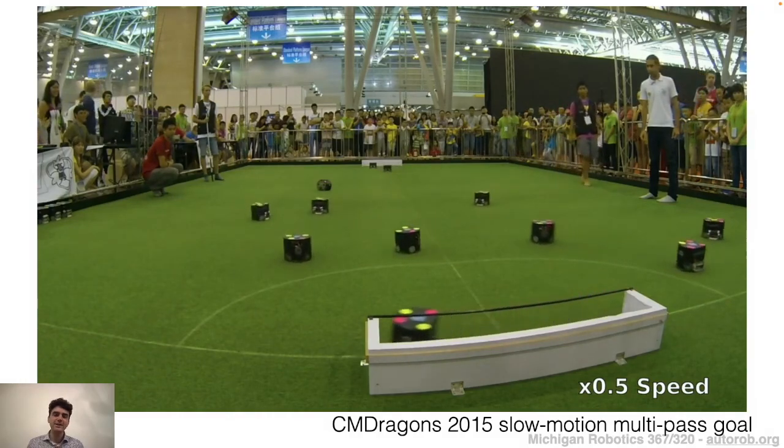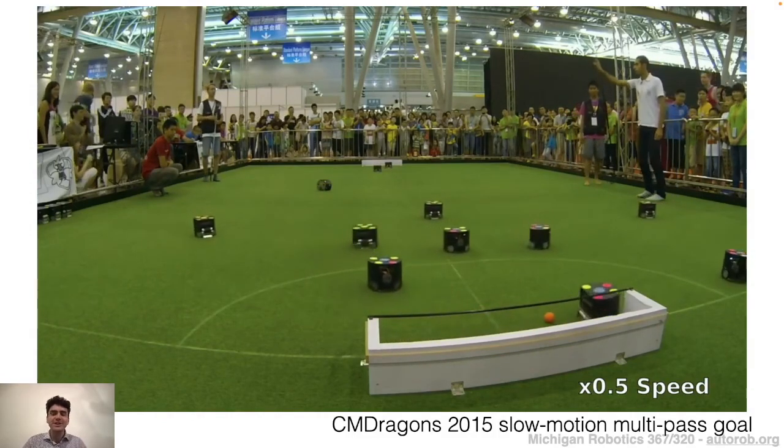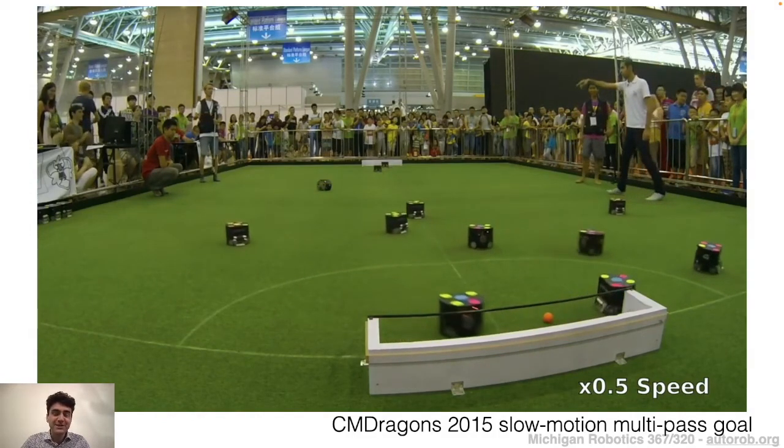There we go. Another thing to point out, which roboticists find really impressive, is that these video clips are shown, as you can see in the lower right-hand side, at 0.5 times speed, meaning these clips are slowed down compared to what you would see if you were an observer at the live event.